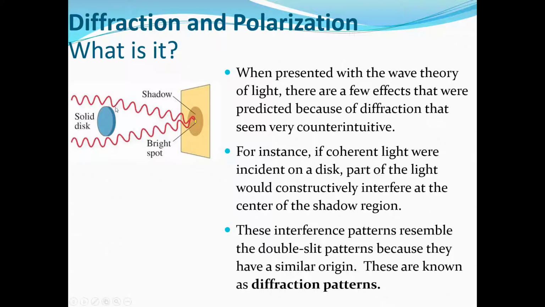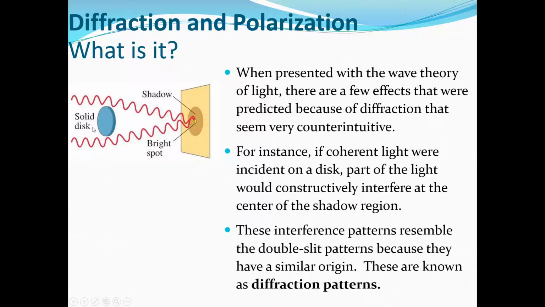Well, we could do something similar by taking a solid disk and almost doing the opposite. Instead of having two openings in an obstruction, we have an obstruction, and the wave will go around it and meet in the middle, just like with the double slit experiment.